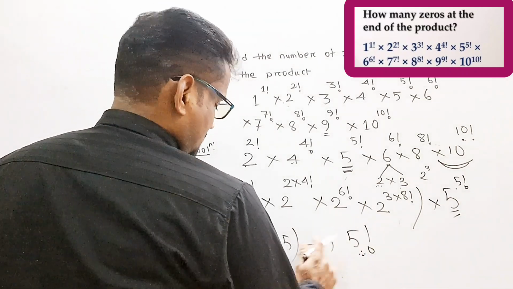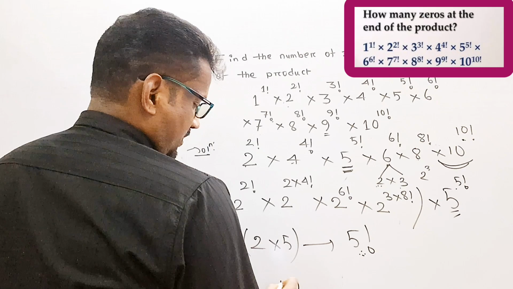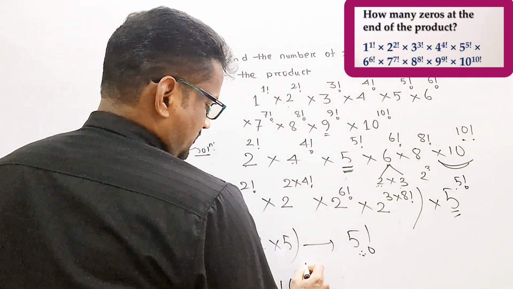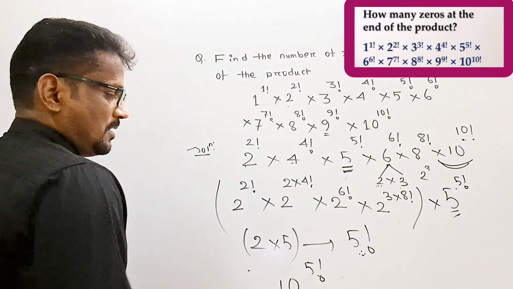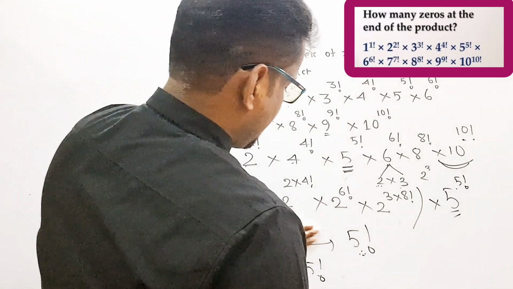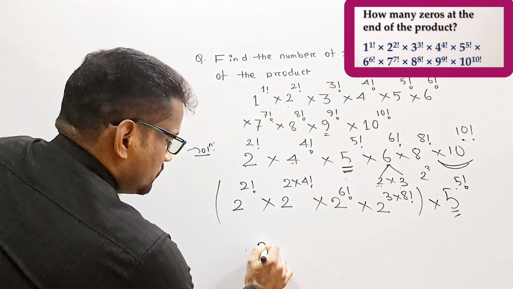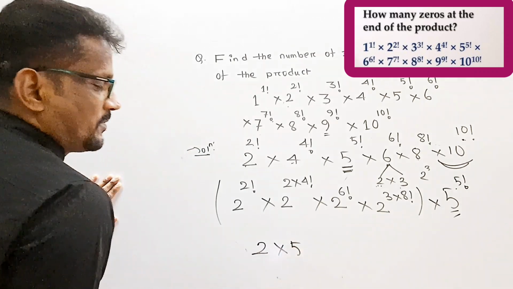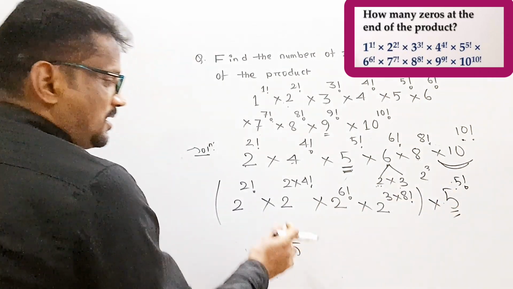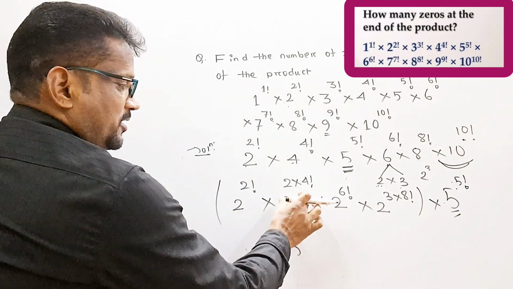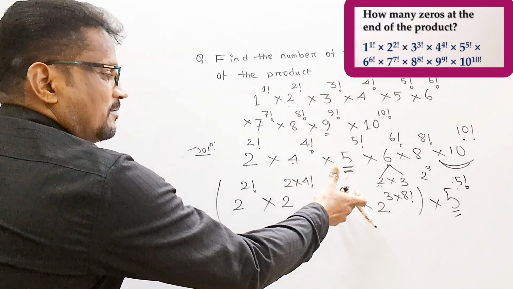Now see, here 2 into 5, 5 factorial is there. That is 10 to the power 5 factorial. Let me write in a proper way here. 2 into 5, 5 to the power 5 factorial, and easily we will get how many 2's? 2 to the power 5 factorial 2's.